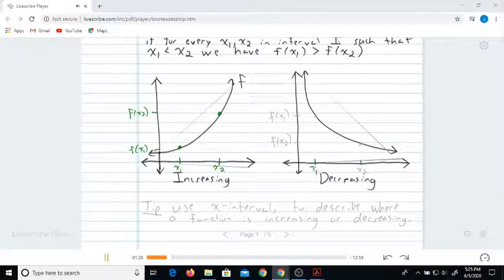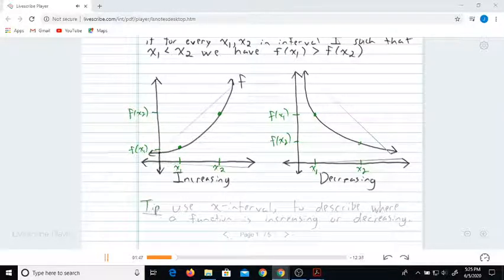Suppose I pick this point, its y value is right around here, and I pick this as my second point, its y value is right around here. We can see that the left point is higher than the right point and thus decreasing. So that is increasing versus decreasing.